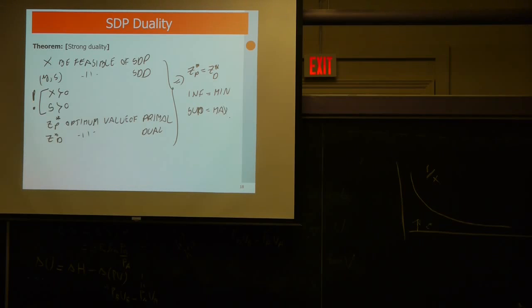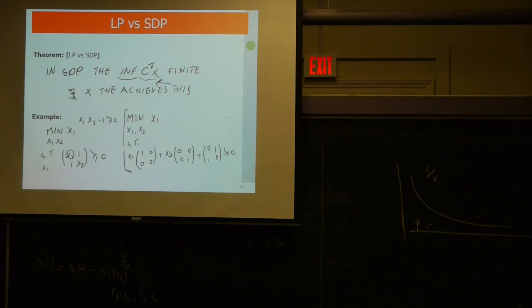In other words, you can find really an x that achieves the infimum in the objective, and you can find y and s that achieve the optimum as well. So this was an example where the infimum is not the same as the minimum.